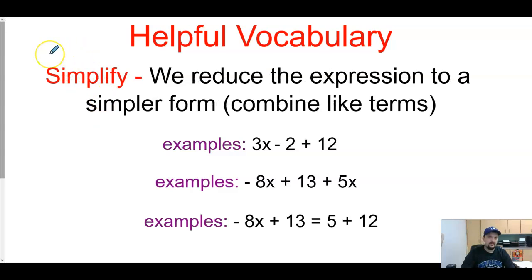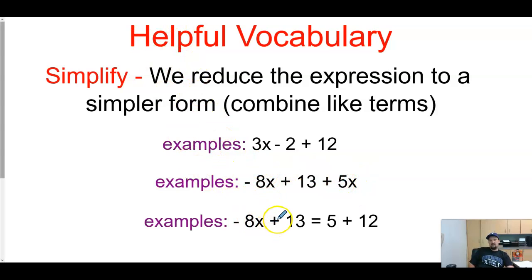Okay, next we have simplify. Simplify means we reduce the expressions to a simpler form, or we combine the like terms. For example, 3x minus 2 plus 12, we would combine the negative 2 and the 12. Negative 8x plus 13 plus 5x, we would combine your 5x and negative 8x.